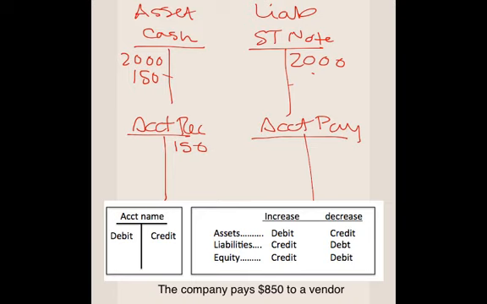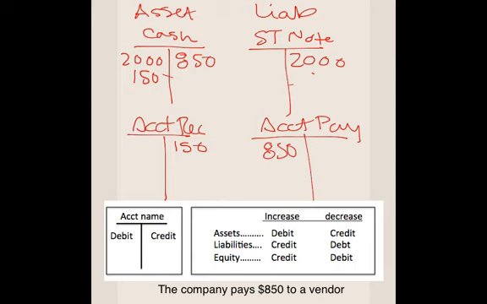So we're going to take $850 cash, take it out of our cash account, and pay the vendor. So a decrease of $850, which is a credit to the cash account because it's an asset. And then that means we're going to decrease the liability account. A decrease in a liability account is a debit entry. So we have $850 here.